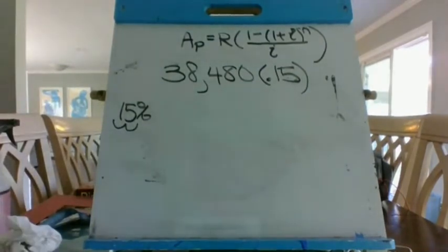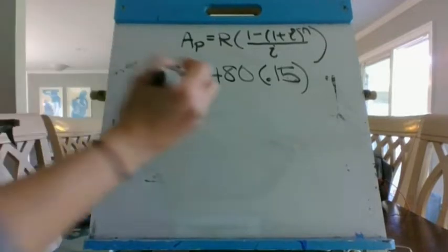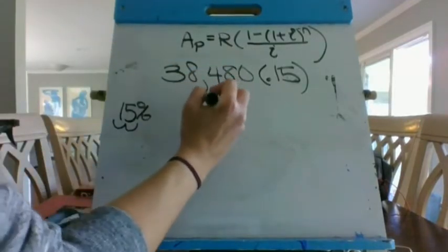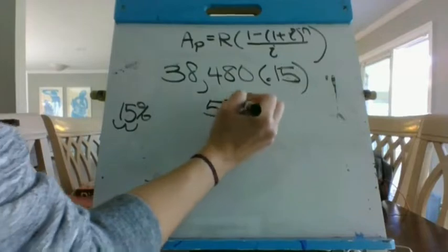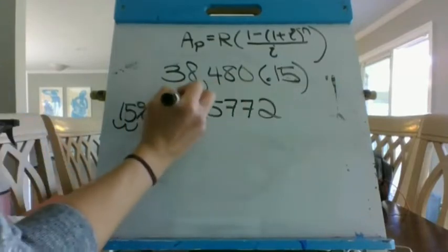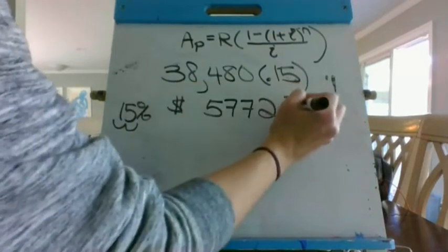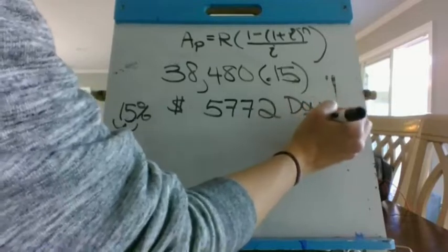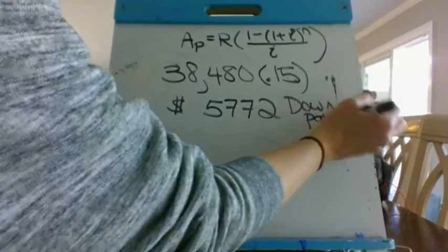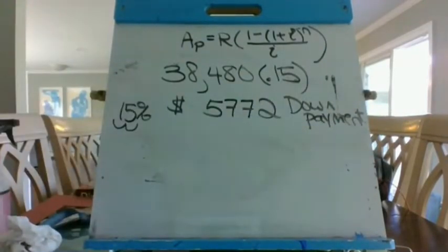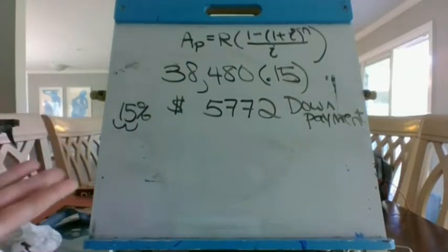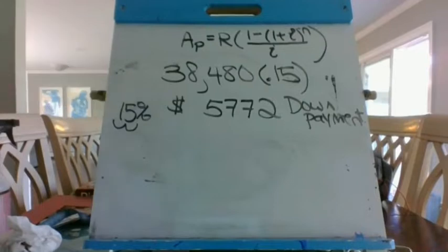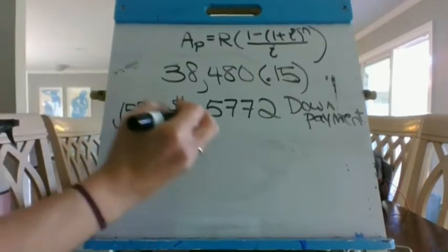That means your down payment is going to be $5,772. This is what you have to pay right up front. Up front, you pay $5,772.